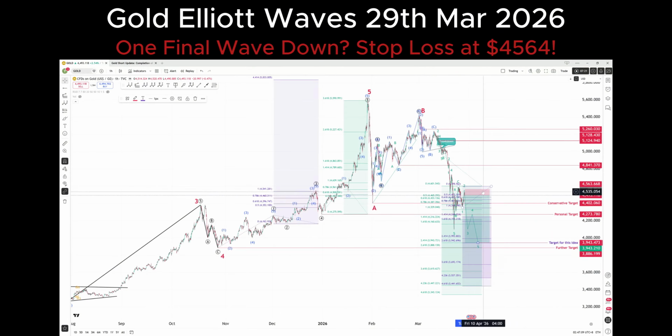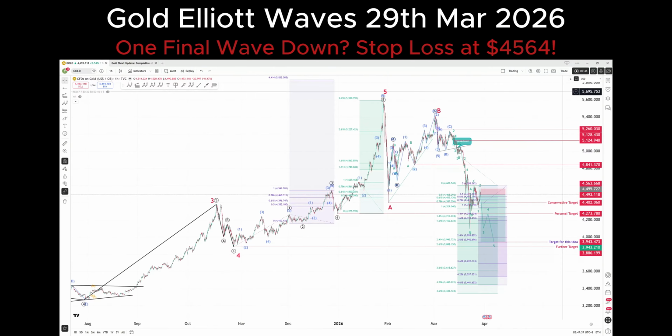Just for this trading purpose, we have this, so risk reward is 8:1. Our target is 9343, and our stop loss is actually at 4564. Okay, so that's it for this idea, and good luck. Thank you.